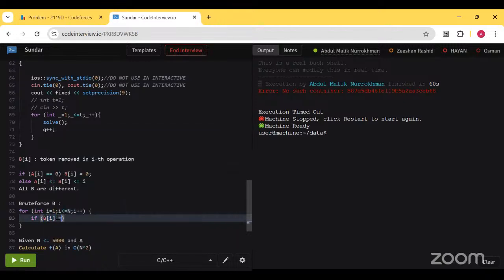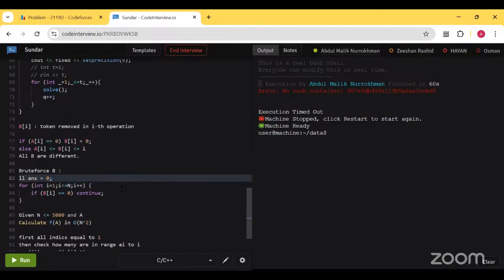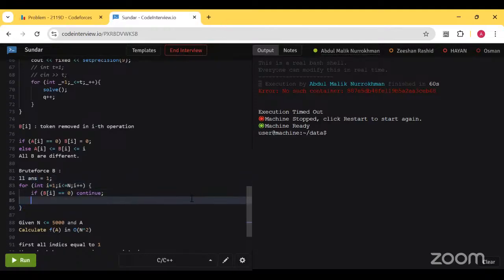If Pi is equal to 0, then just do nothing. So for example, the number of possibilities is initially 0. Sorry, initially 1. If Pi is not 0, then for Ai there are Pi possibilities, right? Because Ai should be less than or equal to Pi.